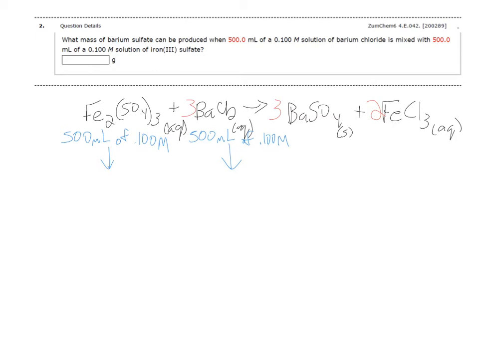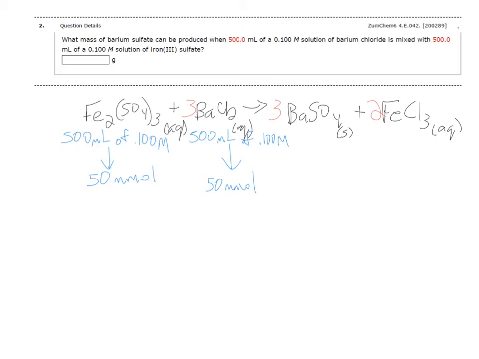For an easy, quick comparison, you could just keep the volume in milliliters and multiply straight across. So 500 times 0.1, or 1/10 of 500, you can do this in your head, is 50 millimoles of the iron(III) sulfate. And we also have on hand 50 millimoles of the barium chloride.